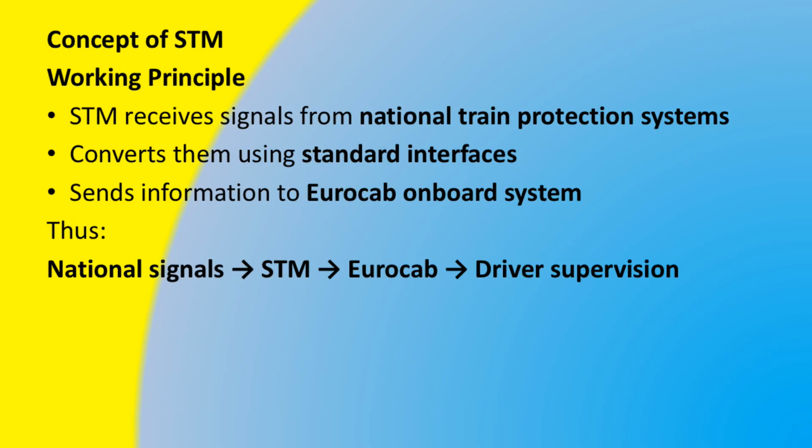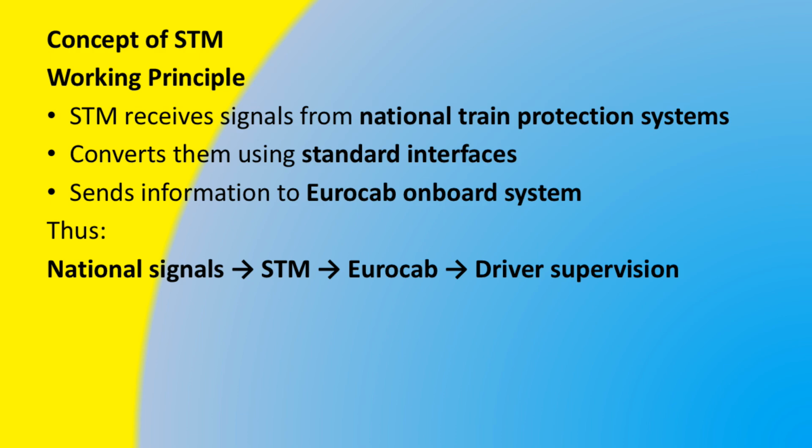Concept of STM. Now let us see the basic concept of STM. STM receives the signal coming from the national train protection system installed on the track. These signals are then converted through a standard interface and transmitted to the onboard ETCS computer known as EuroCab.